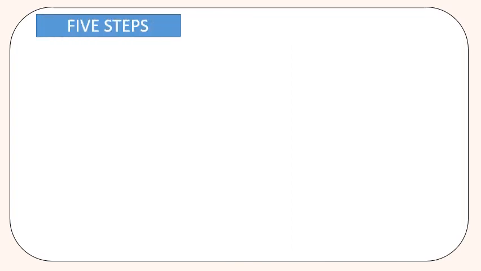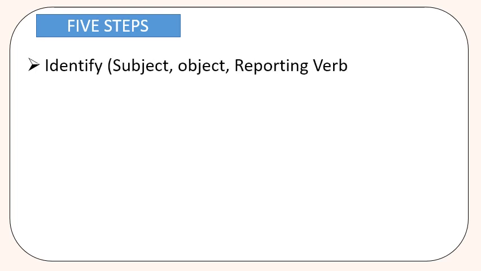Now let us understand the steps to convert a speech from direct to indirect speech in case of an imperative sentence. Number 1, identify. In case of identification, we need to identify subject, object, reporting verb, pronoun in reported speech, time denoting words if any. Number 2 is change of reporting verb.